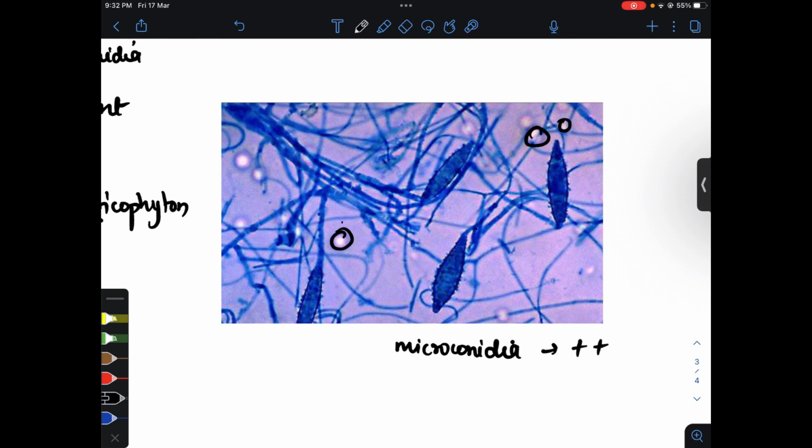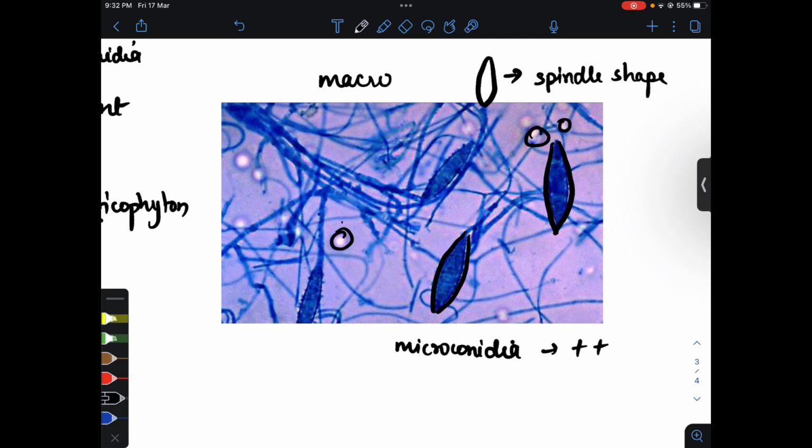And when we see the macroconidia, they look spindle shaped, as here we see this is the shape of the macroconidia, the spindle shape. So macroconidia is spindle shaped and microconidia is also present. So again write TME PSC.